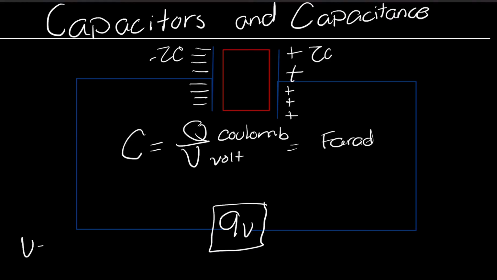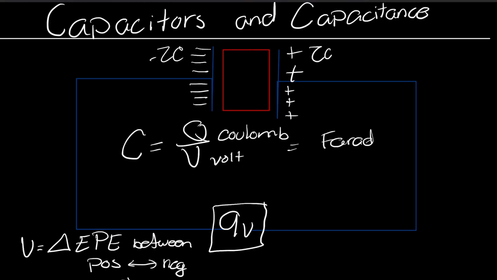So voltage is the difference in the electric potential energy between positive and negative charges. I'm actually going to go ahead and put that in a big old square. Okay, there we go.